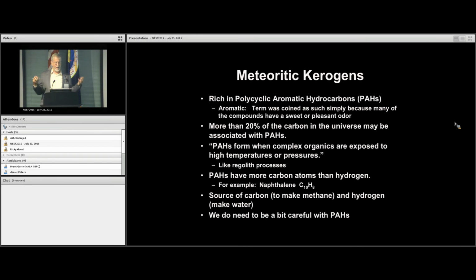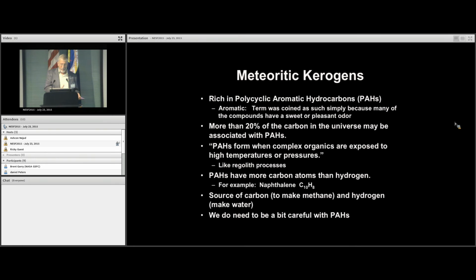PAHs have more carbon atoms than they have hydrogen, so you've lost hydrogen atoms. Essentially this is the same sort of stuff that you get on your barbecue grill after you grill steaks or burgers. Some of these high-temperature reactions can probably be regolith processes. And so it does make sense that this is the way that carbon and organic compounds are developed on asteroids.